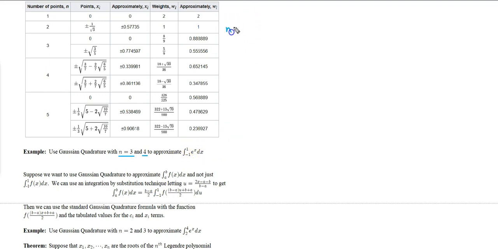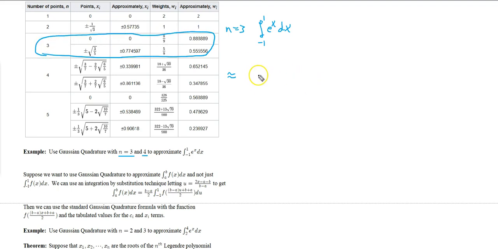Alright, so for n equaling 3, that's going to be approximately, if we're using this information right here, 5/9 e to the negative 0.774597, or negative root 3 over 5, plus 8 over 9 e to the 0, plus 5/9 e to the positive root 3/5.